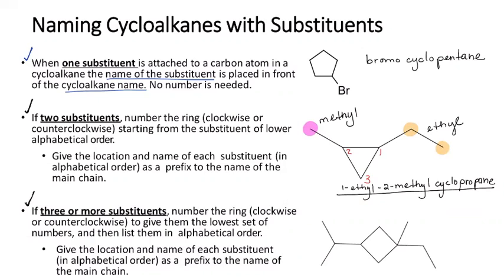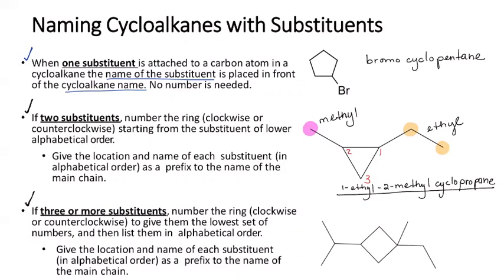Again, you can go in the clockwise or the counterclockwise direction. The important thing is that you're going to give the substituents in your ring the lowest set of numbers, and then you're going to list them in alphabetical order, okay? And we kind of learned a trick about this yesterday.